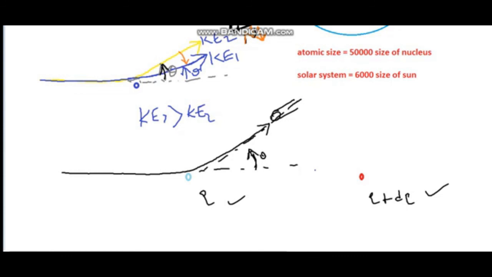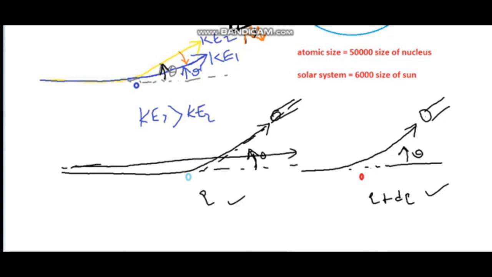In the same scenario, consider the second case with the same angle theta here. What will happen? You will have more alpha particles which are undeflected or deflected with a very small scattering angle.